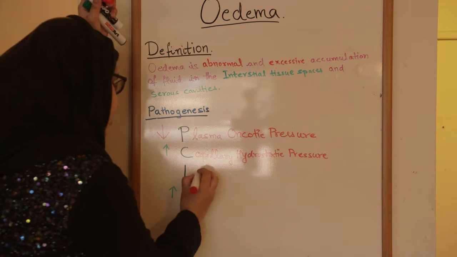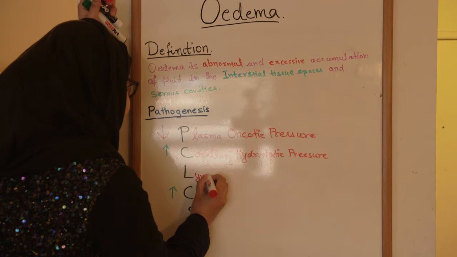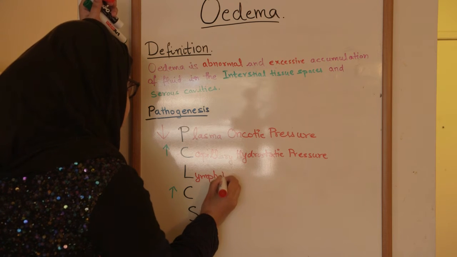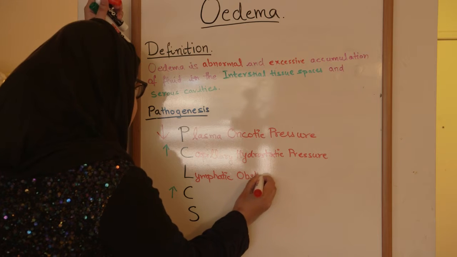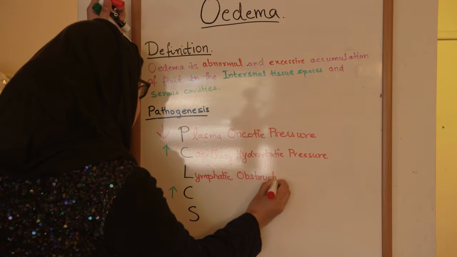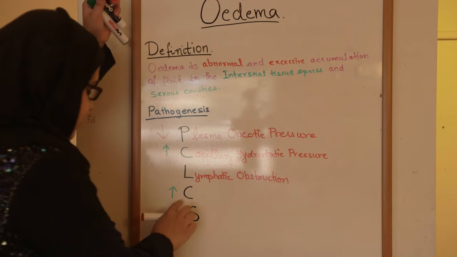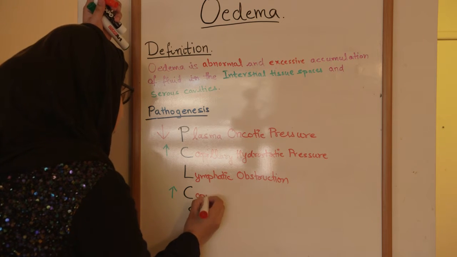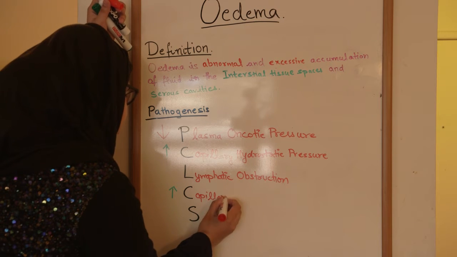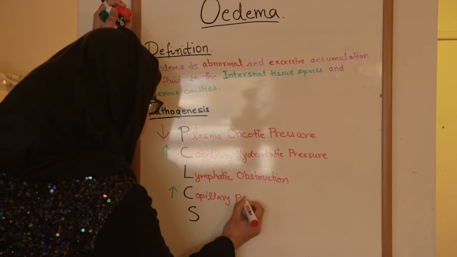Then L for lymphatic obstruction. Then C for capillary permeability.